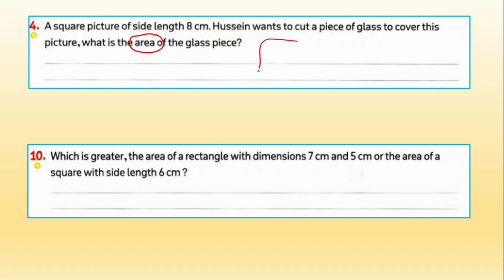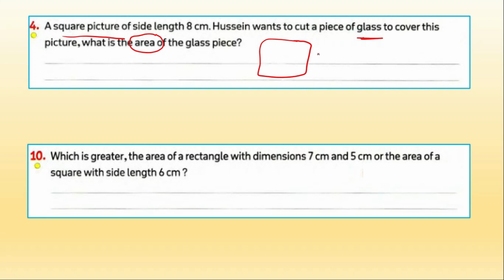He has a picture shaped like a square, a square picture. Okay, and wants to cut a piece of glass to cover this picture, meaning he wants to cover it with a piece of glass that must be the same size or the same area.